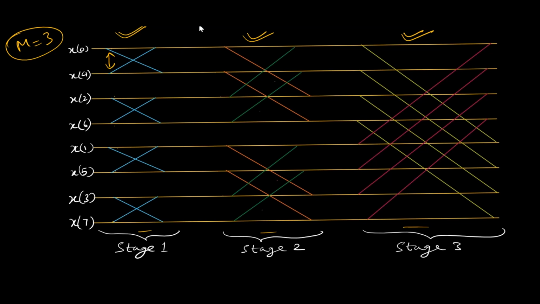Likewise, here it is by 2 units, 1 and 2. For the third stage it is 1, 2, 3 and 4. Same is applicable to the output side also. Here it is separated by 1 sample, this side is separated by 2 samples, and this side it is separated by 1, 2, 3 and 4 samples.